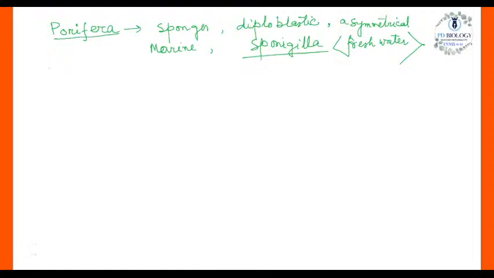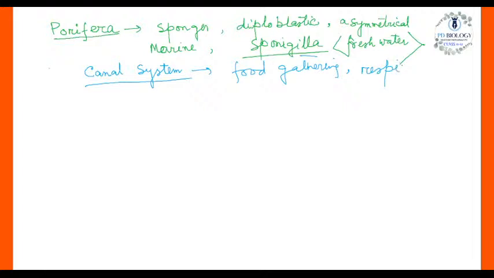Canal system, another important character of this group. Canal system is helpful for food gathering, respiratory exchange, and removal of waste.